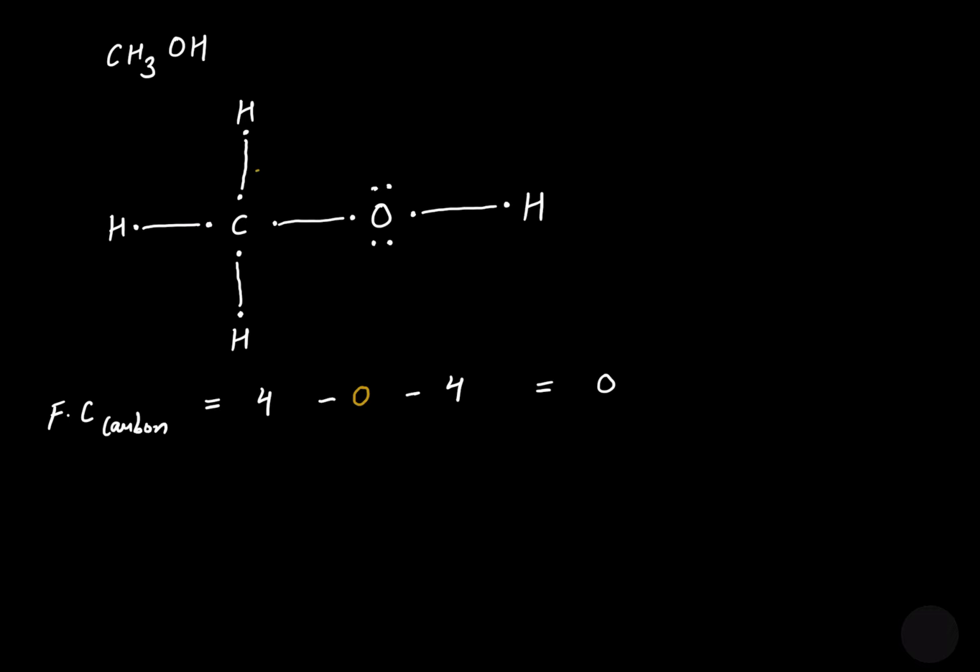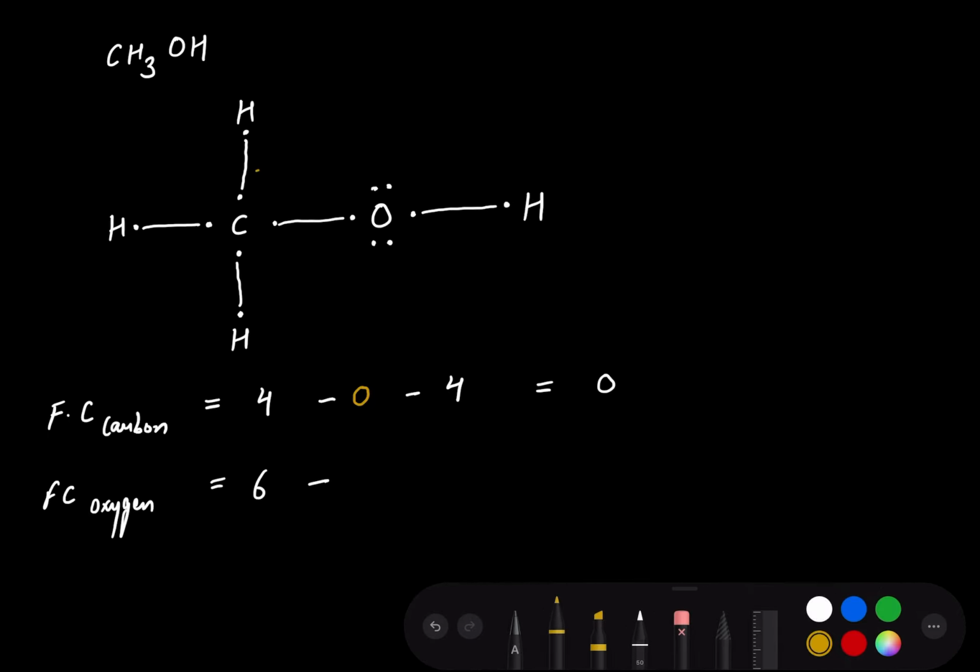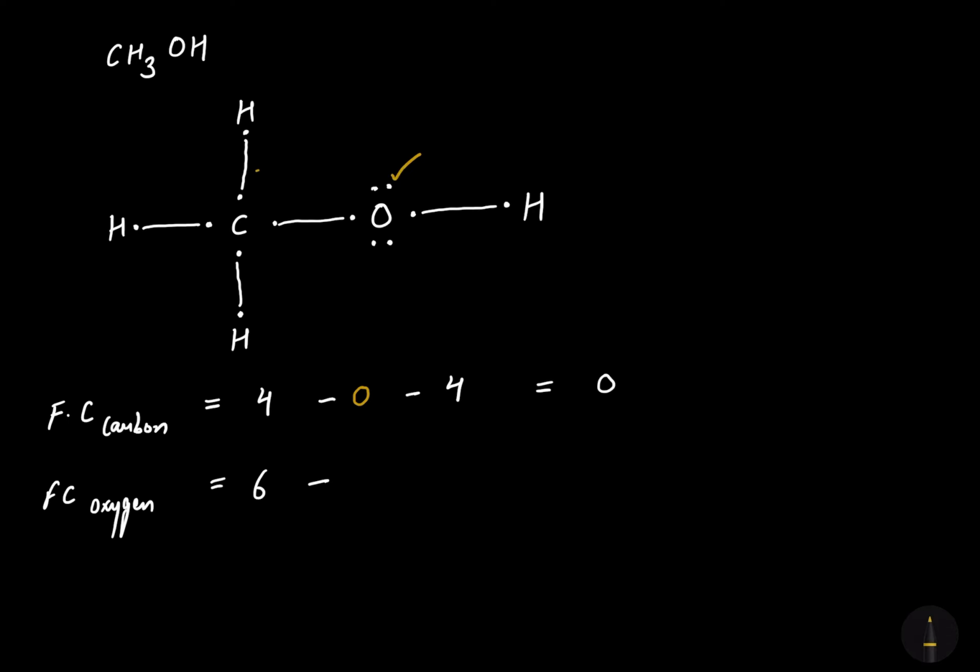Now, let's talk about the formal charge on the oxygen atom. What are the valence electrons of oxygen? It's 6, minus the number of non-bonded electrons of oxygen in CH3OH. Let me count it for you. The non-bonded electrons are 1, 2, 3 and 4. These 4 are non-bonded, so it comes out to be 6 minus 4.